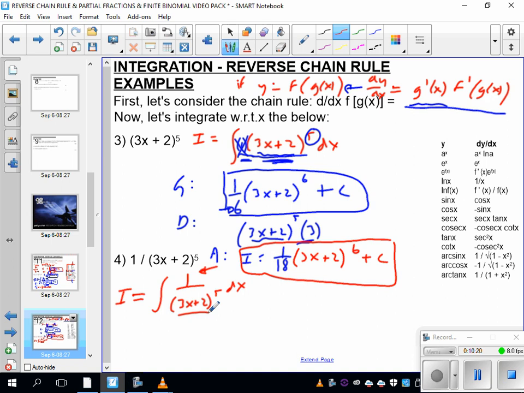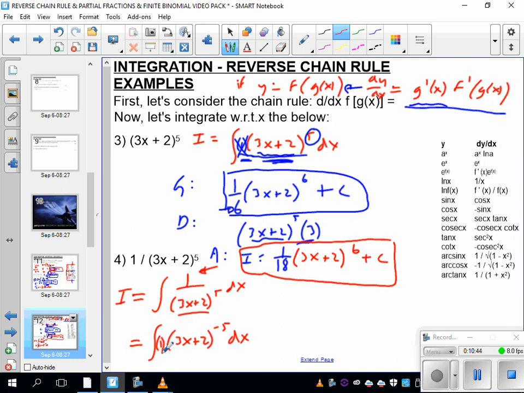Okay? So this is not a ln problem. This is a reverse chain rule problem. So what I need to do is I need to write our power to the 5 as the power of minus 5. And now we're back in the situation that we were at on question 3, because the number next to this is 1.